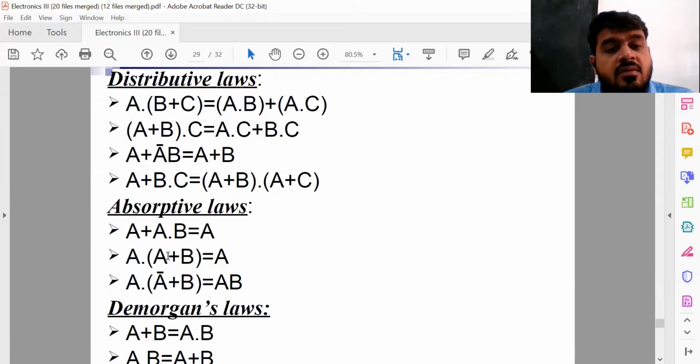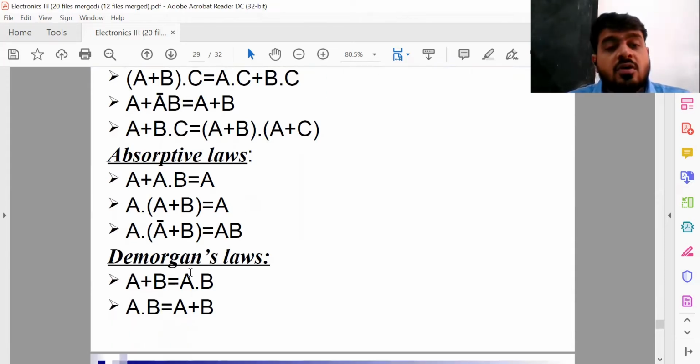A dot A plus A dot B. A dot A is A, and then A dot B. So you will get only A if you have two terms like this. Similarly, A dot (A bar plus B) is equal to AB. So this is how the absorptive law works.